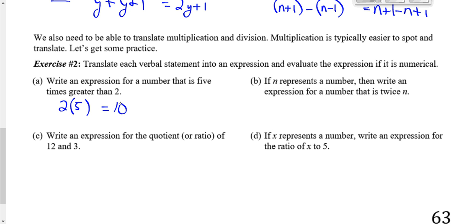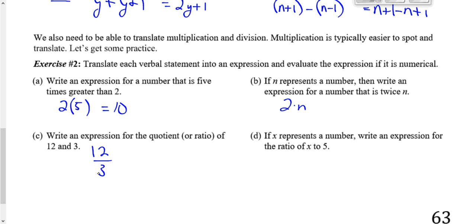B, if n represents a number, write an expression for a number that is twice n. N times 2. Yeah. Or we would generally write it 2n, right? You're not wrong, but it's just 2n, since things multiply. C, write an expression for the quotient or ratio of 12 and 3. There you go.